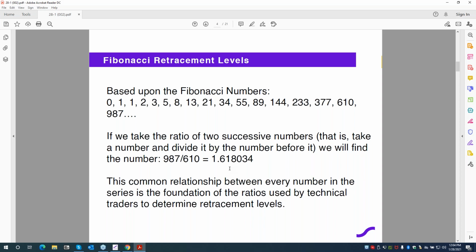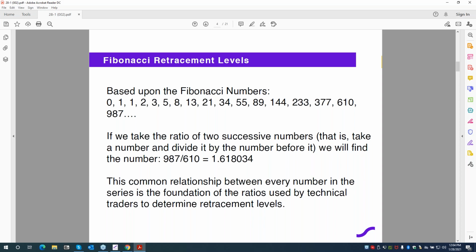Taking two successive numbers, dividing the number by the one before it, will give you 1.618. For example, 987 divided by 610 gives a level of 1.61, which on your charts, when you're placing your Fibonacci retracement levels, which we'll try to place today in real time, will be 161%.